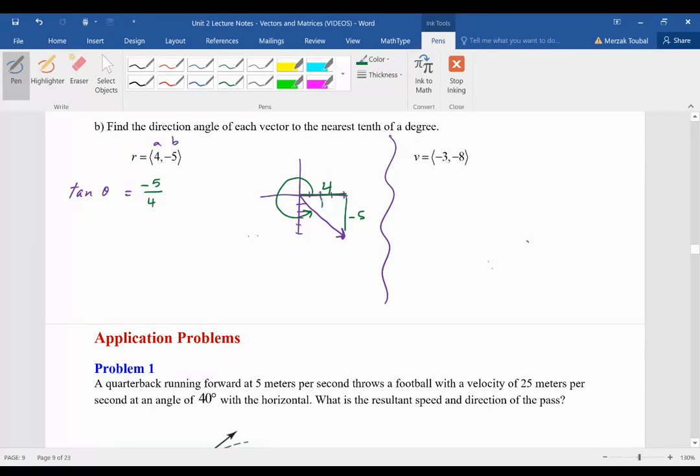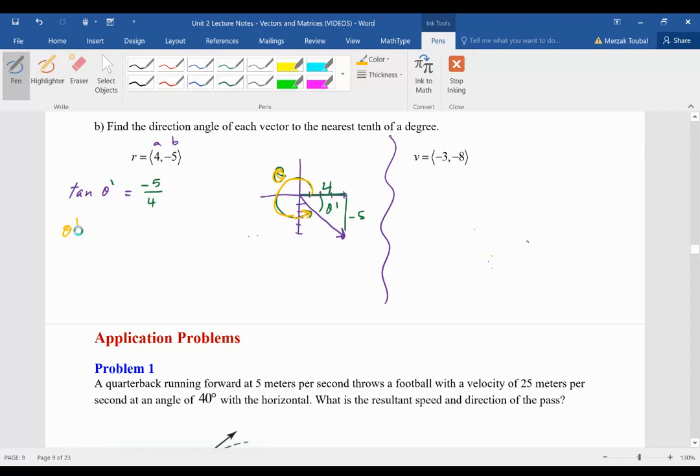But this will give us this theta, this one. And then let's actually call this theta prime. That's better. And then our theta we're looking for would be that one. And let's use different colors so we don't get confused. So this is theta, and the other one is theta prime. So tangent of theta prime is -5 over 4, which now makes more sense.